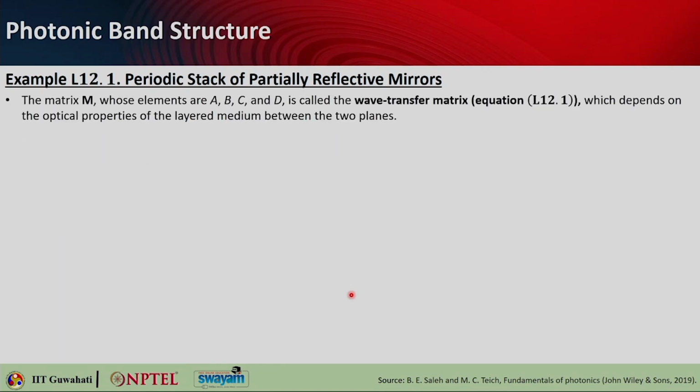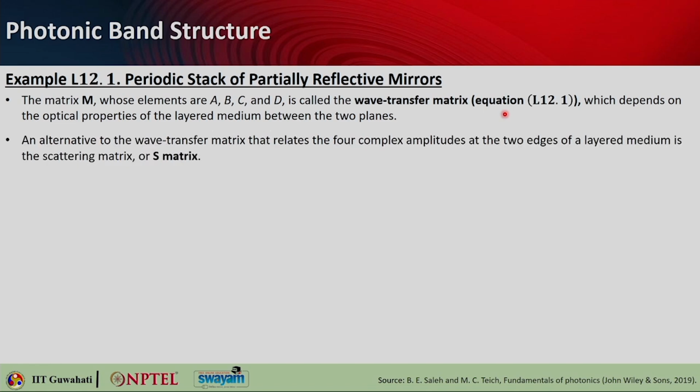The matrix M whose elements are A, B, C, D, you can call the wave transfer matrix, which we have seen in this equation. They depend on the optical properties of the layered media between the two planes.